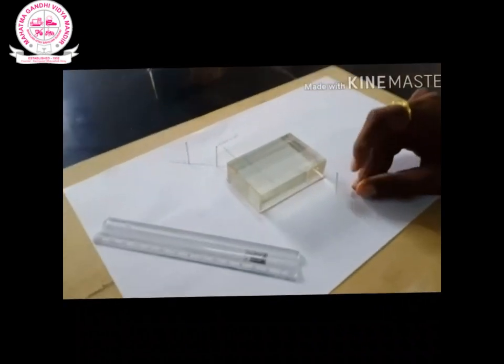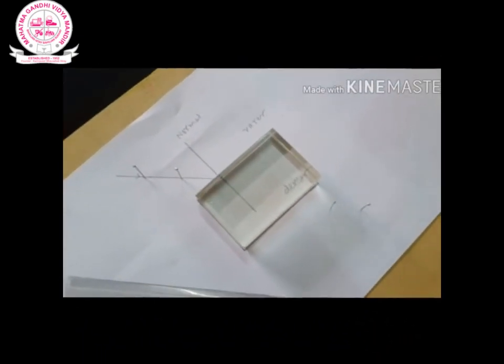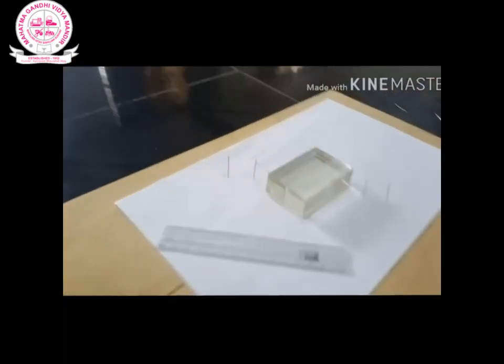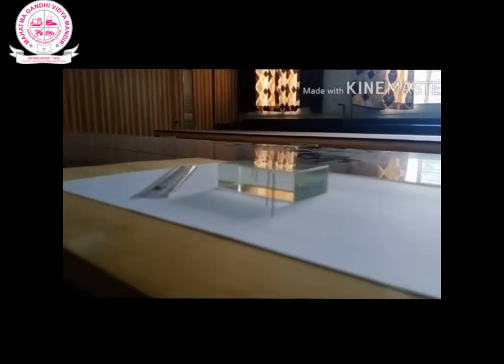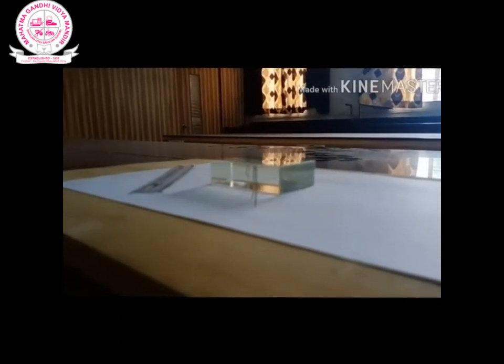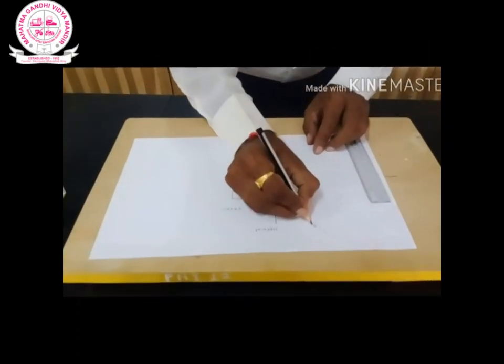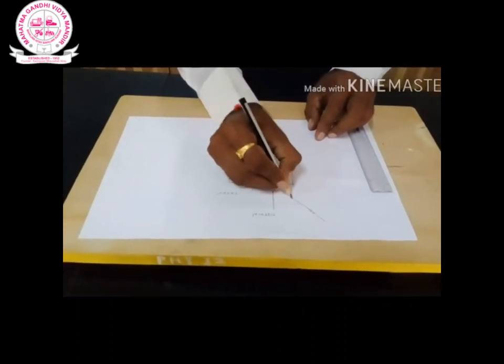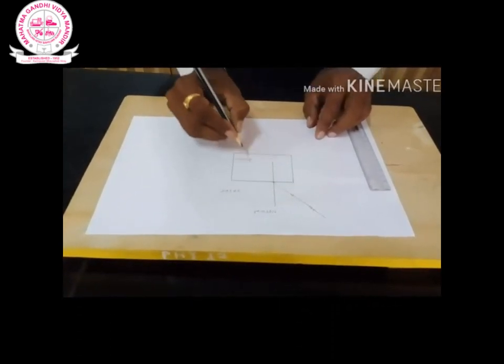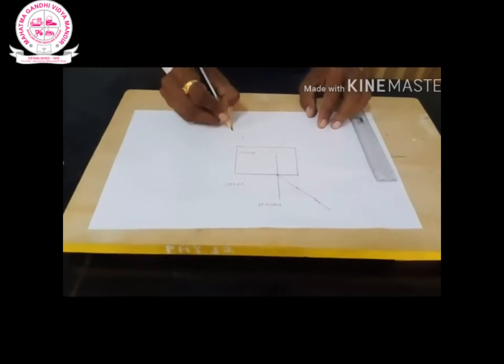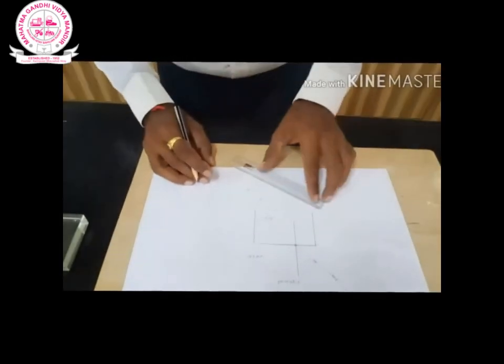Now I will see from another side. These four pins are in same line. Using pencil, make the marks on these pin lines on incident ray as well as another side of the slab.